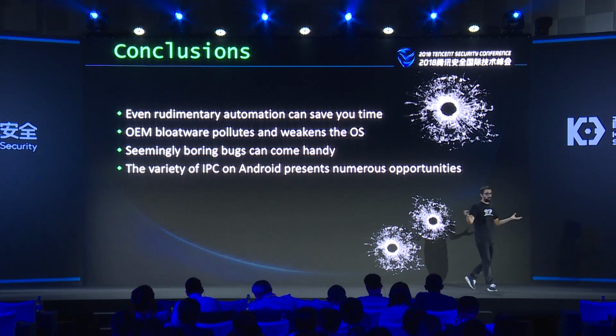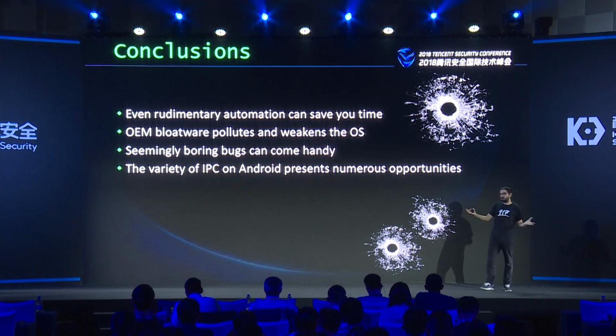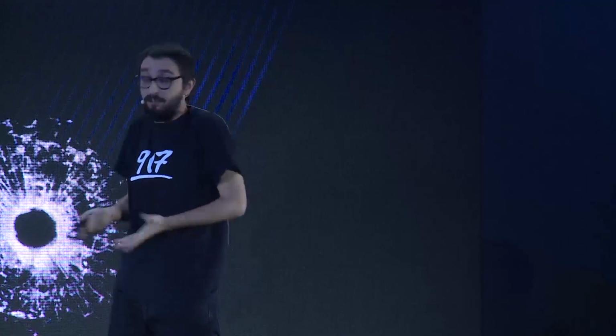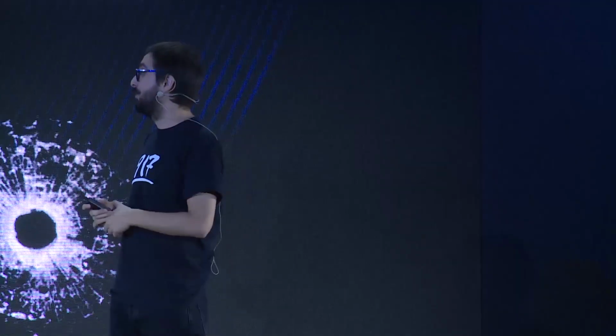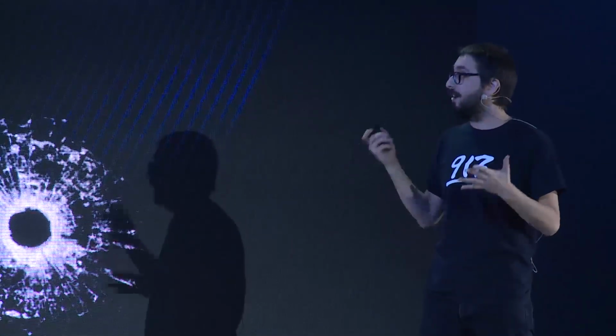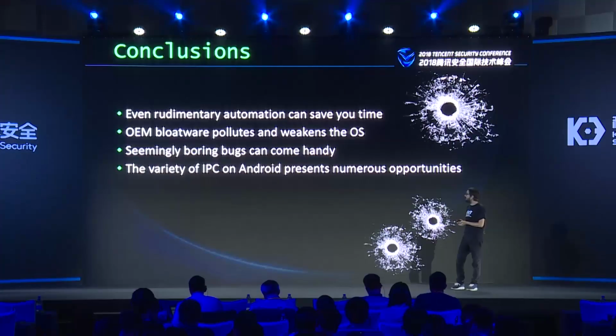And the more channels you have for applications to talk to each other, the more attack surface exposed. And it's really easy to mess it up. So when you review an application or something like that, you need to make sure that the attack surface exposed is as minimal as possible. Otherwise, bad things can happen, as demonstrated just now.